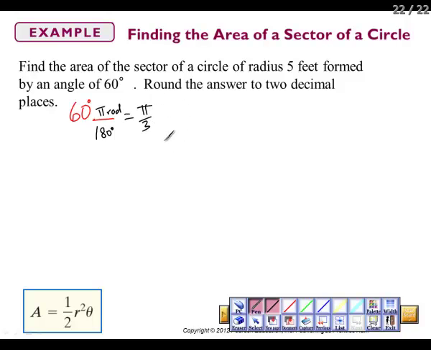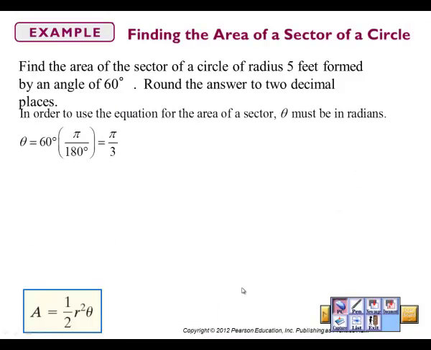Okay, so whenever we're using an equation, we have to operate in radians. So if we're given degrees, we've got to convert that to radians. Alright, so there we go. We had to convert from degrees to radians.